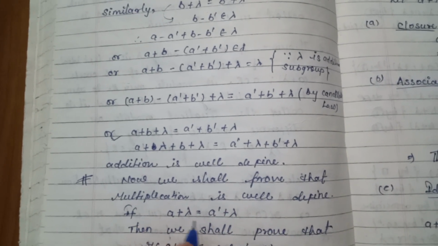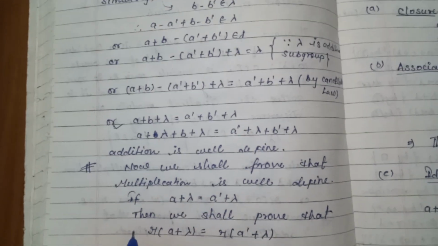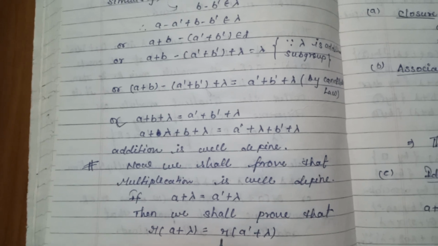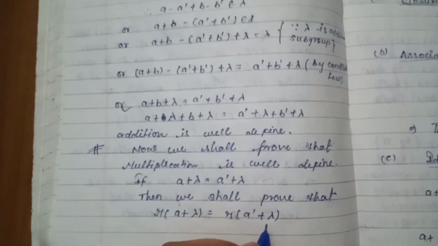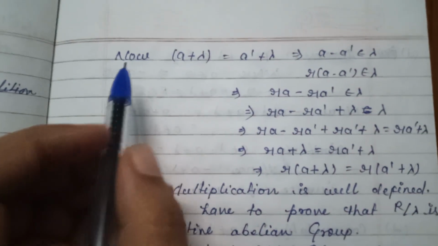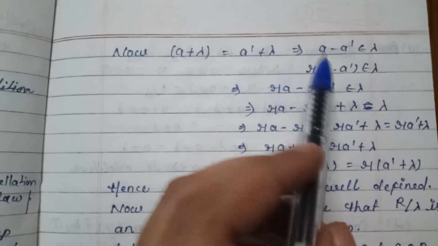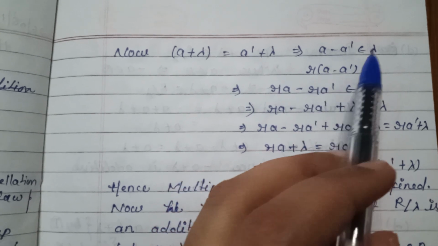Now we shall prove that multiplication is well defined. If a + lambda = a' + lambda, then we shall prove that ra + lambda = ra' + lambda. Now a + lambda = a' + lambda, which implies a − a' belongs to lambda.